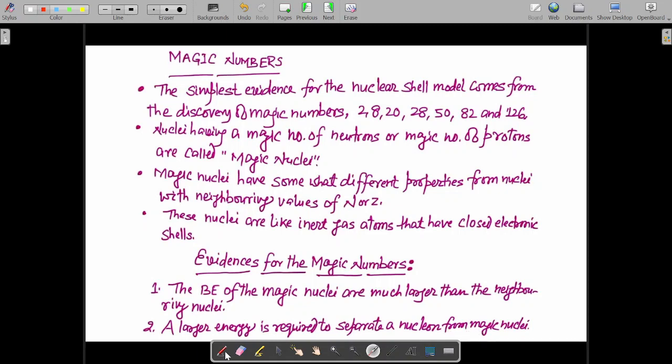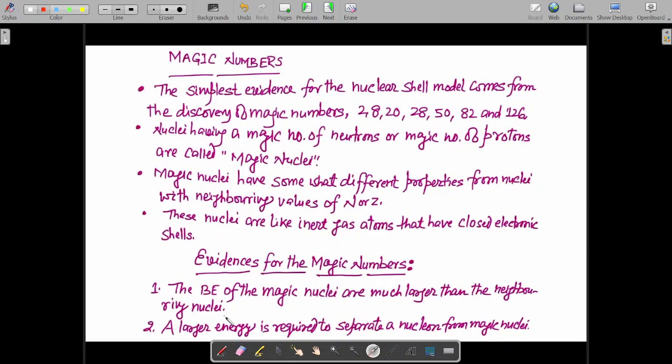We know this very well that in case of noble gases, the ionization energy is very high. Why is ionization energy very high in case of inert gases? You have already learned in the lower classes, right? Because it has a completely filled electronic shell, and the energy required to ionize the noble gas atom is very high because it does not want to lose its stability.